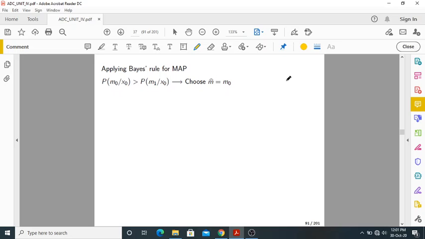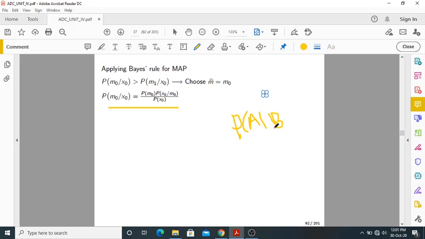Now, actually this is the MAP rule. But we don't know these two probabilities. Then what do we do? Apply Bayes rule here. So P of m0 given x0 equals P of m0 into P of x0 given m0, divided by P of x0. You already know, P of A given B, what do you write generally?